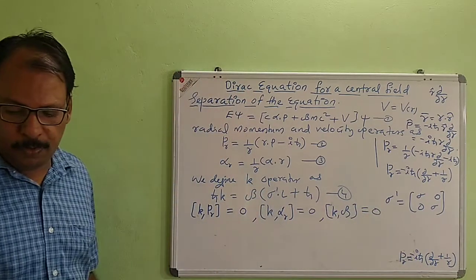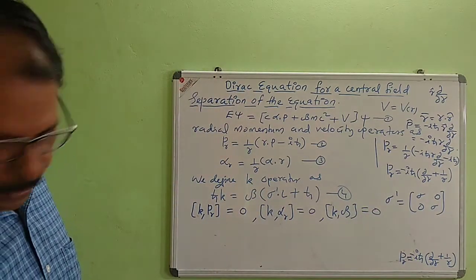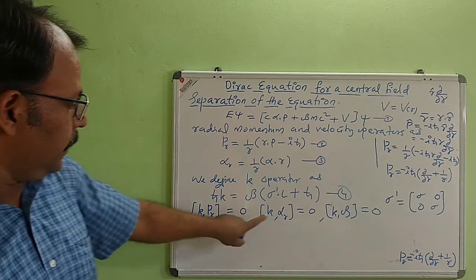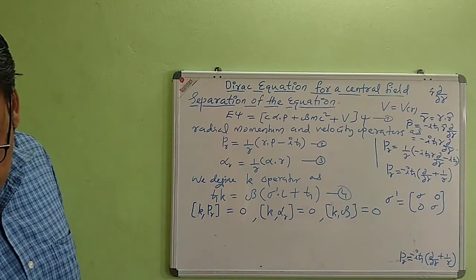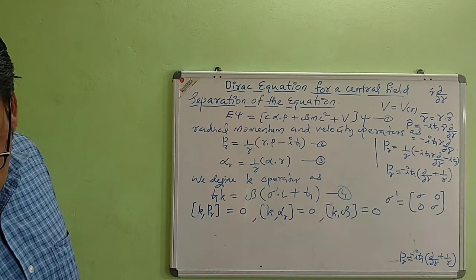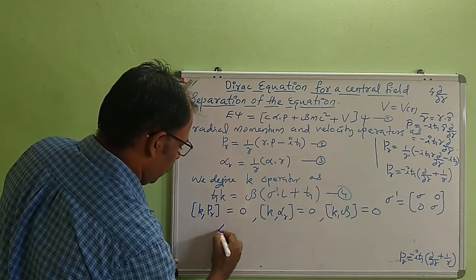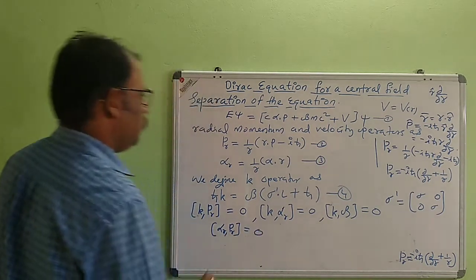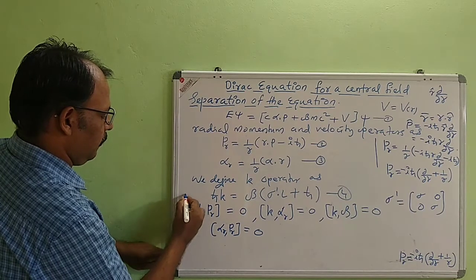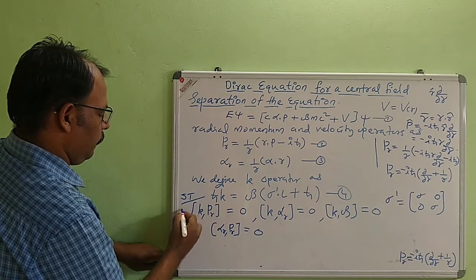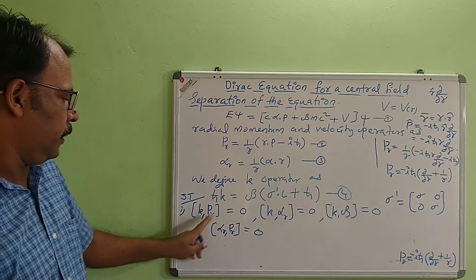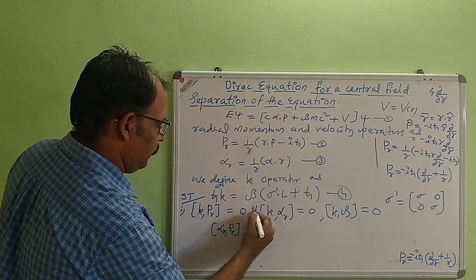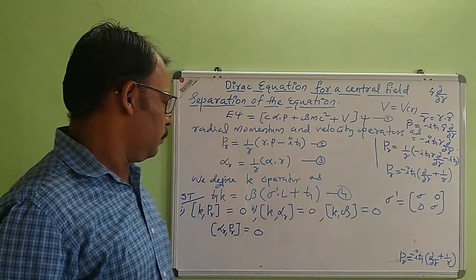I will give you one assignment. The assignment is to show that the first problem is commutator K P_r equal to 0, that is, K commutes with P_r. The second is commutator K alpha_r equal to 0.